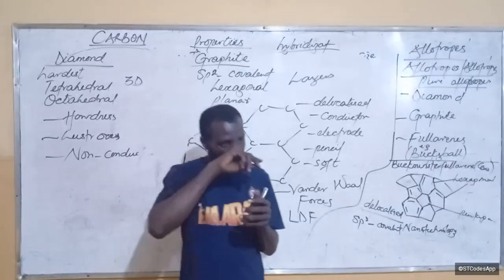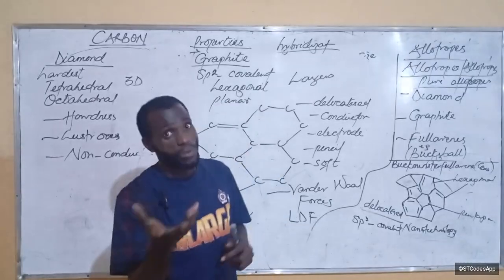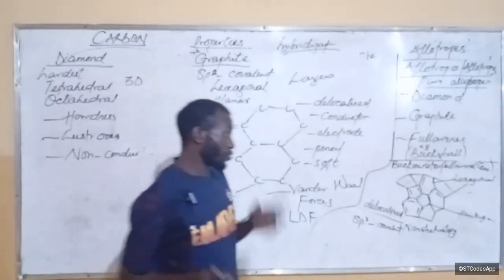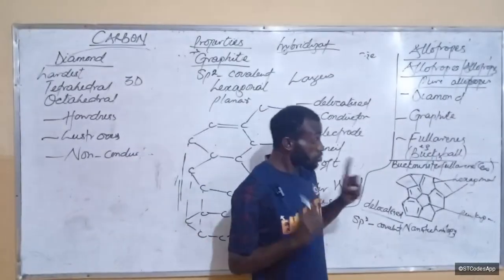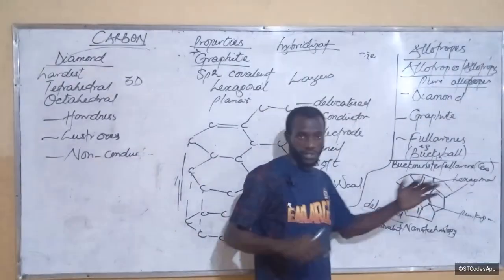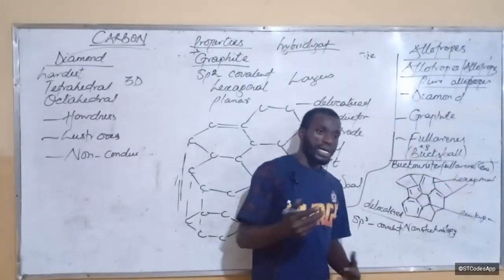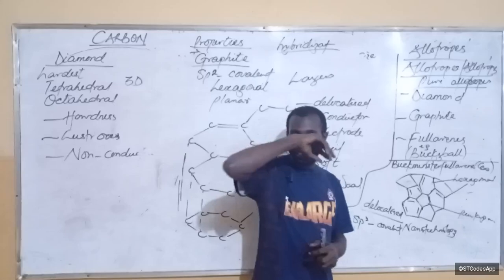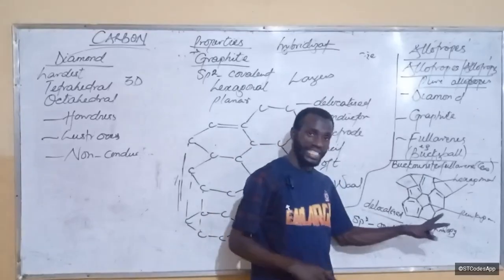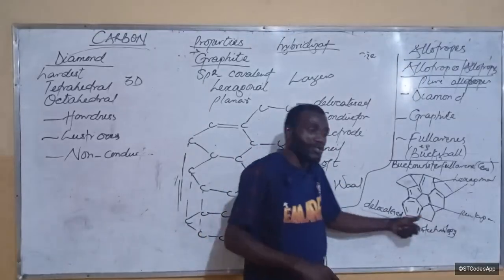What it does is that, number one, the external surface of the ball can react with molecules. So it means that it can hold molecules on it, right? Good. Then inside also can hold molecules.